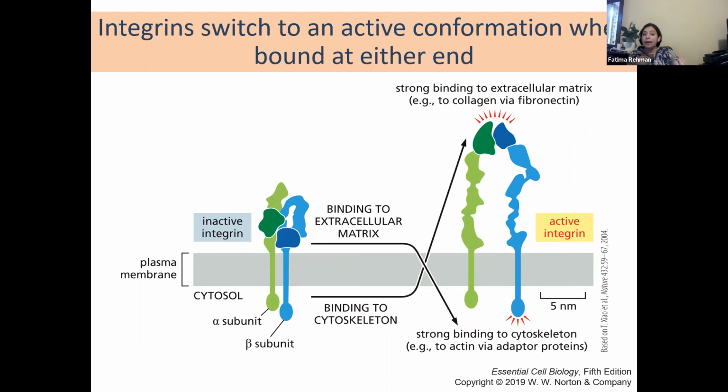However, when that binding to extracellular matrix takes place, that's going to make a strong binding to cytoskeletal structure, those actin and the adapter proteins. Similarly, if you have strong binding to the cytoskeletal structure, it can help promote binding to extracellular matrix, where fibronectin and collagen are.